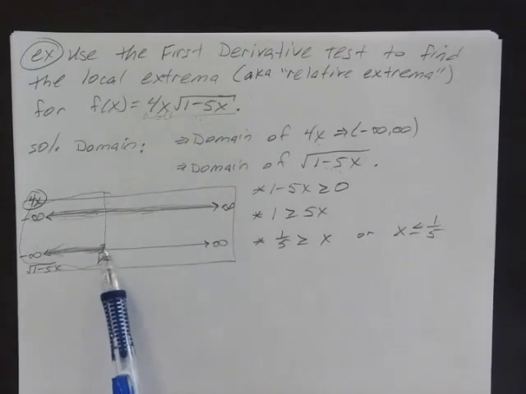So we have to pick a domain for the whole thing. And that's important because it kind of, not really dictates, but leads to where we're going to pick our test values later.